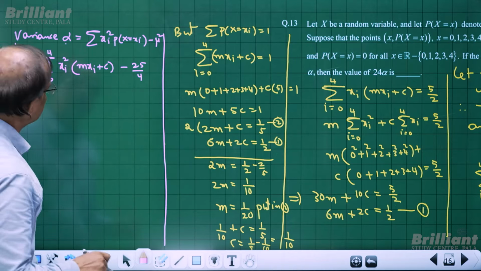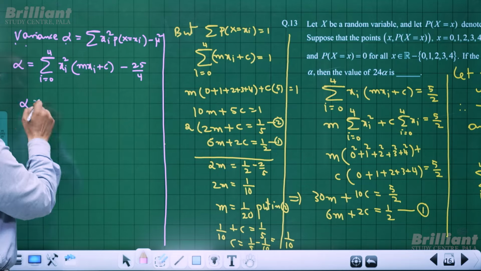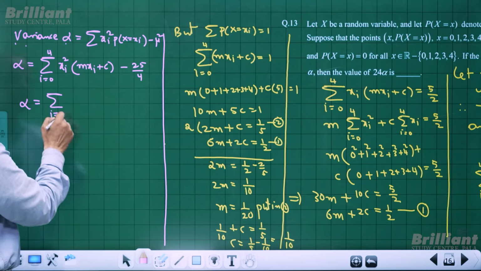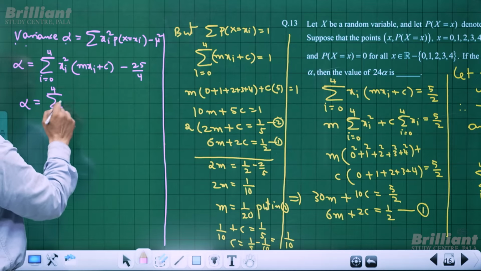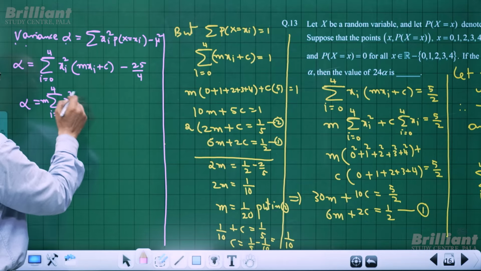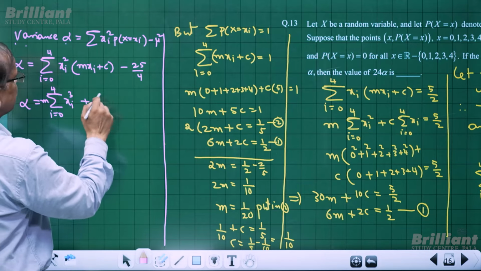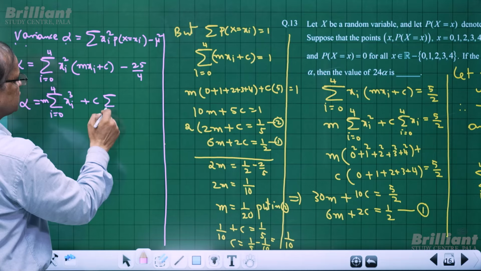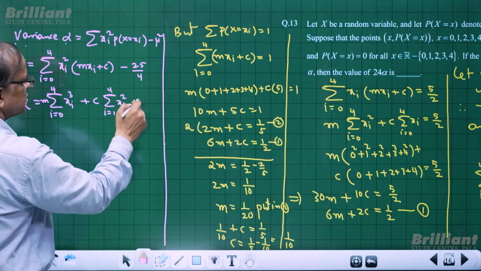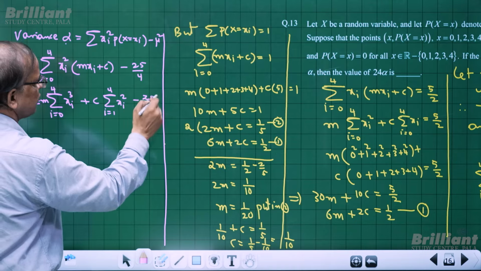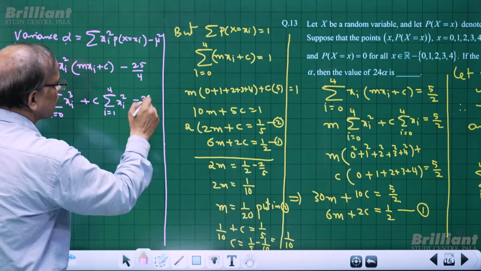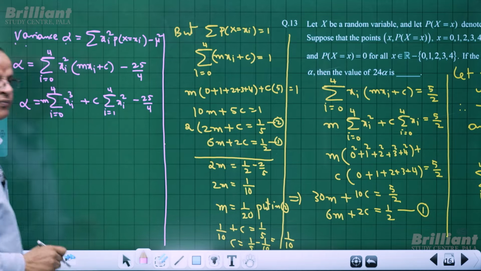Now alpha is equal to m times sigma xi cube plus c times sigma xi square, minus 25 by 4.